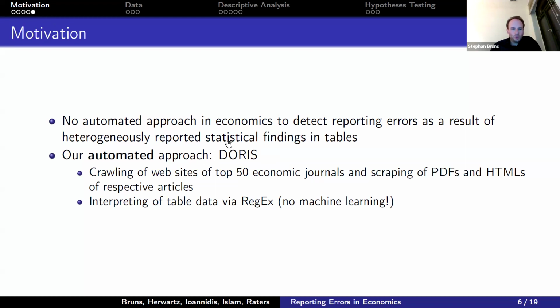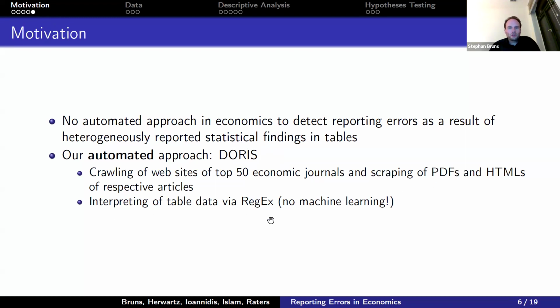And this automated approach is something we call DORIS. So DORIS stands for the Diagnosis of Reporting Errors in Scraped Tables. And what we did here is we crawled from the websites of the top 50 economic journals all the PDFs and HTML articles.